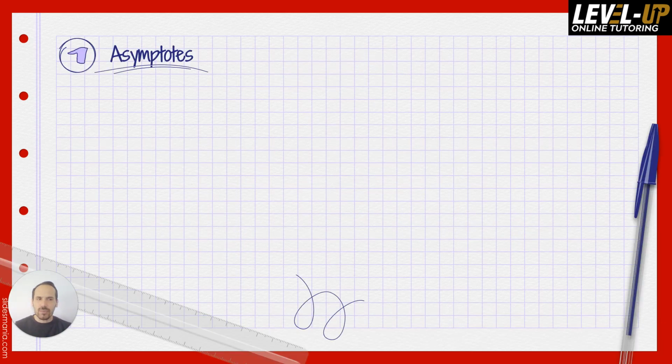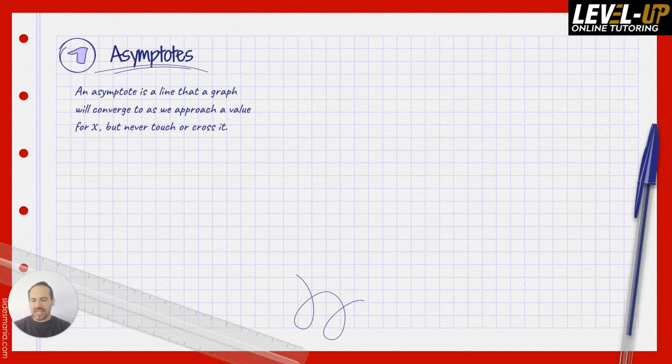So first of all, an asymptote. What is that? We refer to an asymptote in the context of a graph. An asymptote is essentially a line. Could be any line, but we'll only deal with it when they're straight lines. It's basically a line that a graph will gradually converge towards, but it will never quite touch.